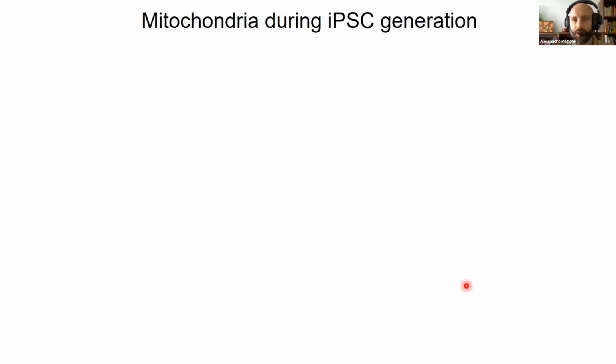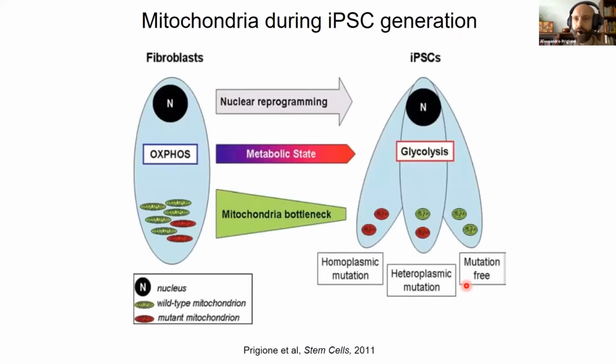We've been working with iPS cells for several years. We know what happens when we make iPS cells from fibroblasts. There are changes in the gene expression profile and changes in metabolism, as iPS cells rely less on mitochondrial metabolism, so after pyruvate they tend to produce lactate.